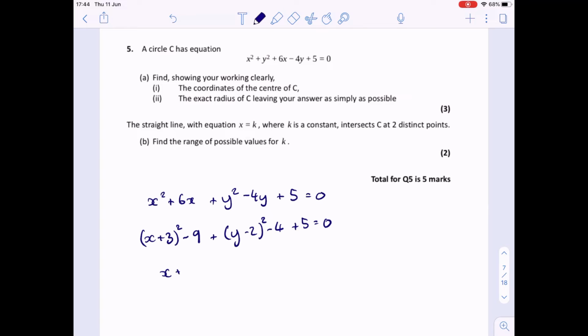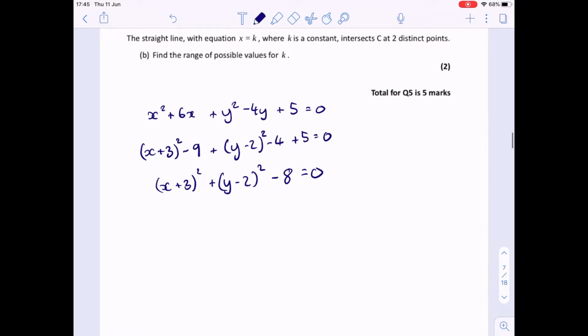And if I neaten this up, x plus 3 squared plus y minus 2 squared. Now I've got minus 9, minus 4, add 5. That's going to be minus 8 equals 0.